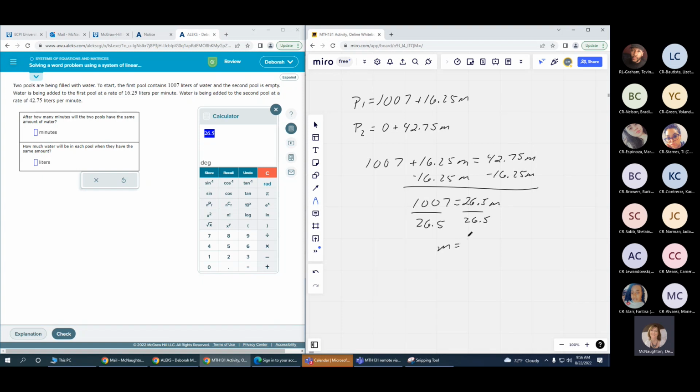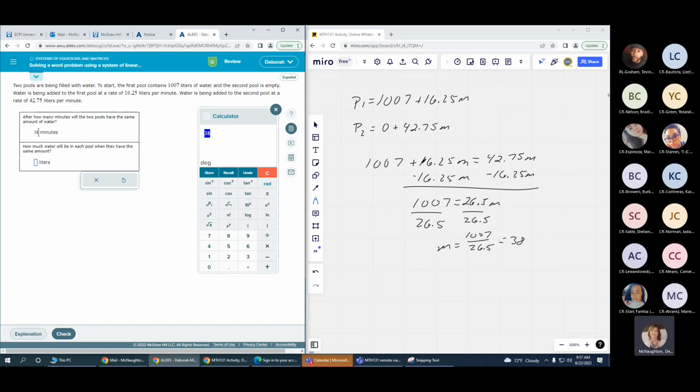And so that is 1,007 over 26.5. And this is 38 minutes. So after 38 minutes, the 2 pools will have the same amount of water in them.